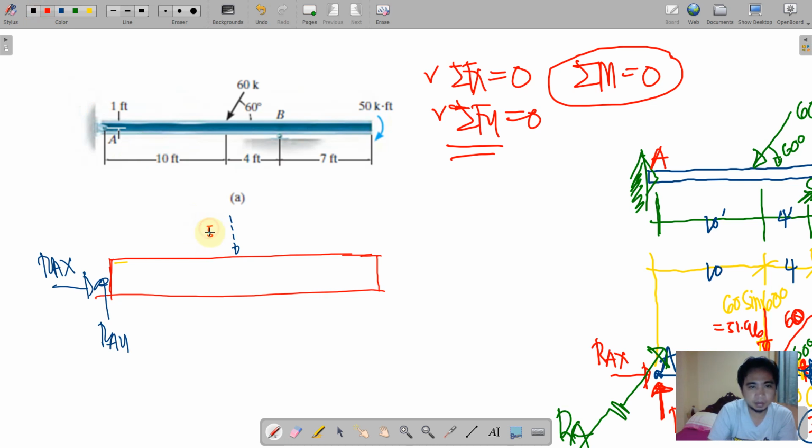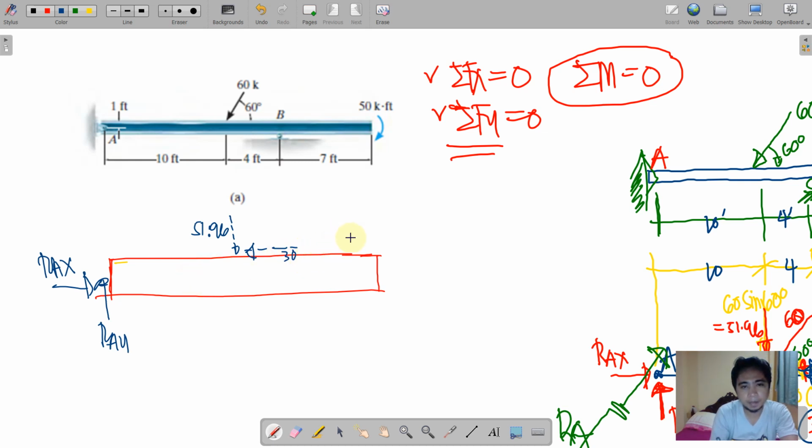Okay. Sorry. 51.96. And then dito meron tayong horizontal component of the 60, and this is equivalent to 30.